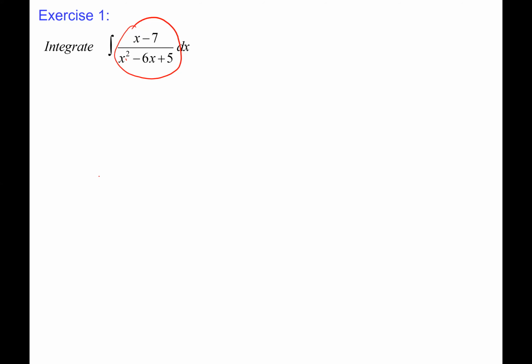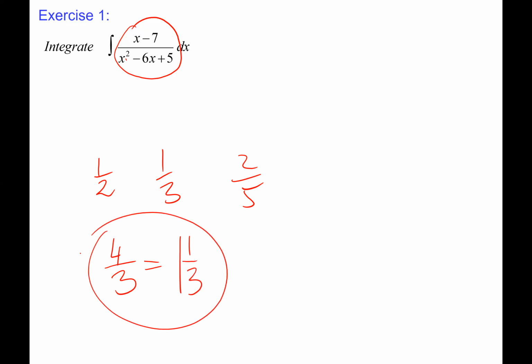Like if we have, let's say, 1/2, 1/3, or 2/5, these are proper fractions. As soon as I have 4/3, of course, we can rewrite this as a mixed number, 1 and 1/3. Always when the number on the top is smaller, it's a proper fraction.